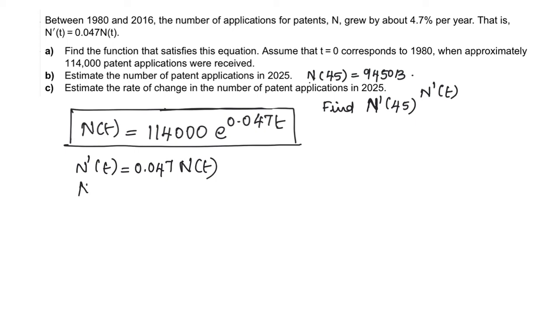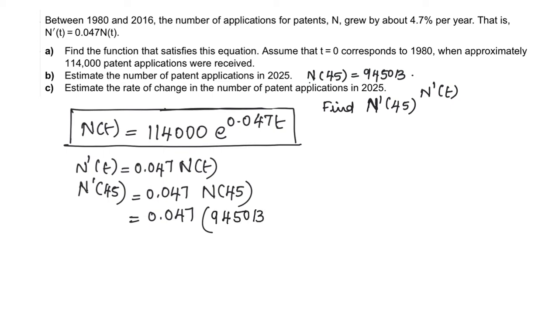So I'm using that formula. N'(45) is 0.047 times N(45). We already found N(45) in part B, so I can directly use that value. Then use the calculator and find the answer.